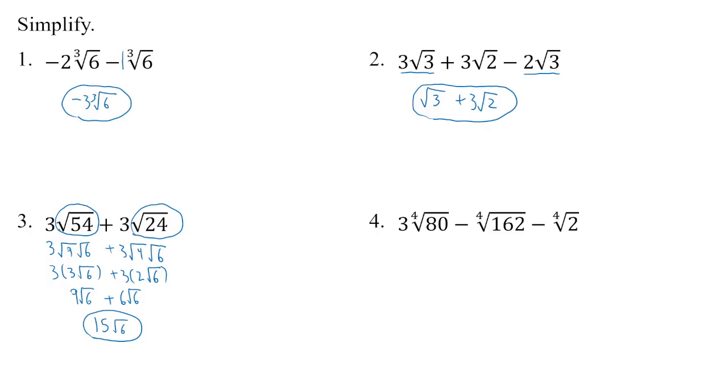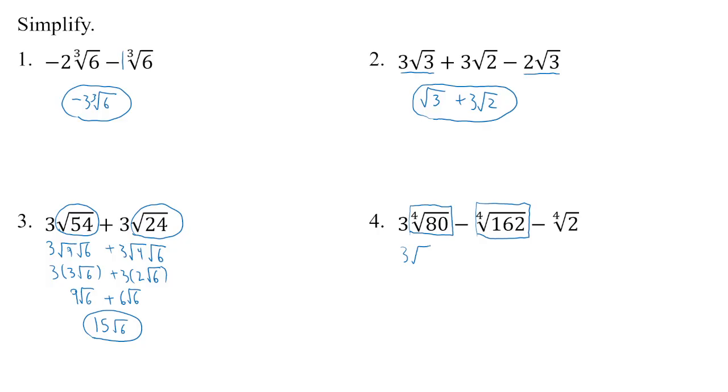Alright, next we have 3 times the 4th root of 80 minus the 4th root of 162 minus the 4th root of 2. Well, we know the 4th root of 80 can be simplified, and we know that the 4th root of 162 can be simplified.